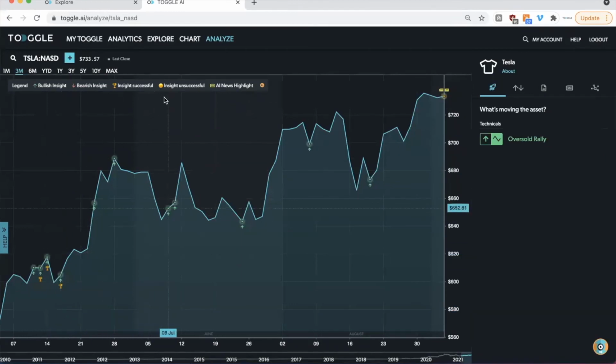If it's got a little angry face next to it, like this up here, that means either the time horizon was complete, meaning the asset did not hit that price in the predicted time horizon, or it hit the stop loss, and both resulted in it being incomplete. And then the news icons are the news highlights, which Toggle has put together.